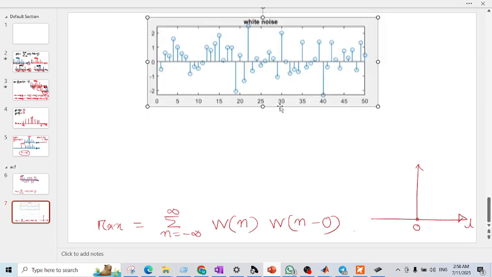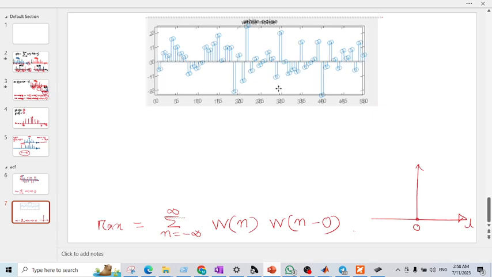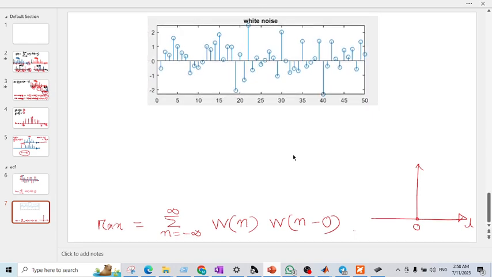I have to put this value here, and you see all the values match with themselves. Here both values are positive, and if you multiply them you get positive. Then both signals, W[n] and W[n minus 0], are negative here, so multiplying negative and negative gives positive.